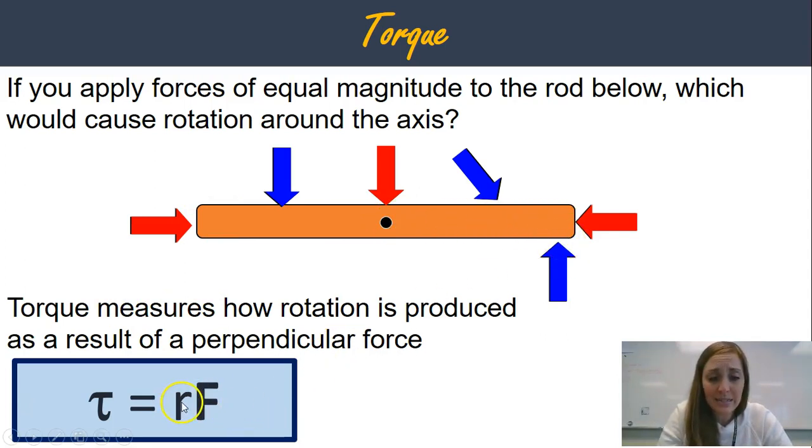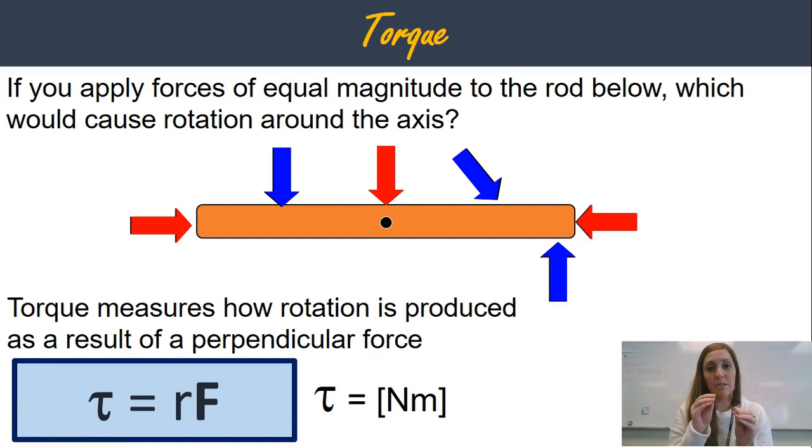So radius times force. If you need to remember that, you want to write this down: this is radius and that's force. The radius is length, so that's meters, and force is newtons. So torque is measured in newtons times meters, Newton meters, which sounds weird. You want to say per, it's not per, it's literally newtons times meters, so Newton meters.